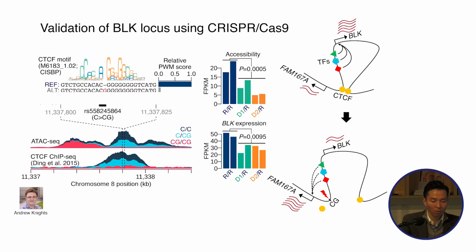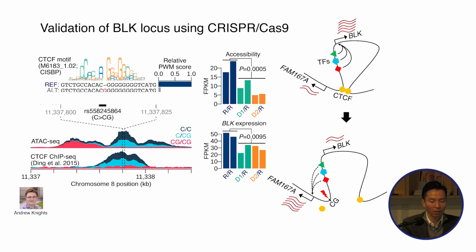So for the validation of this locus, we found that the variant is actually not a SNP, but a one base insertion variant, and the extra G in the alternative sequence significantly reduced the CTCF binding motif.